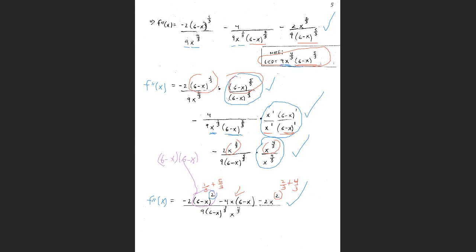And when we do, we'll get 36 minus 12x plus x squared.